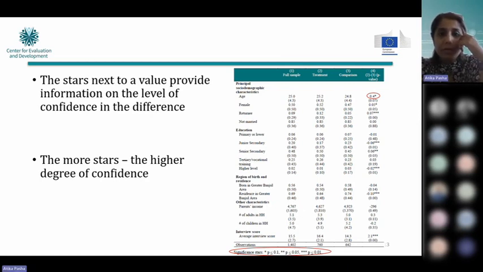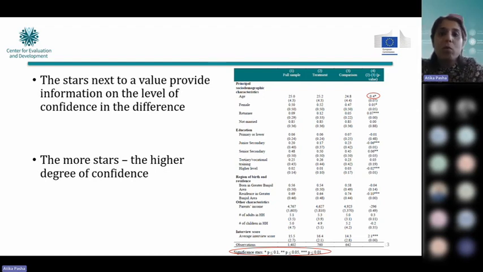So in this case, you do see that we have 1 star, which means we are confident at the 90% level only, right? Our reports will sometimes say that this is a weakly significant result, because as we get closer to 90%, it becomes weaker, and the closer we are to 99%, this is a very strong result.